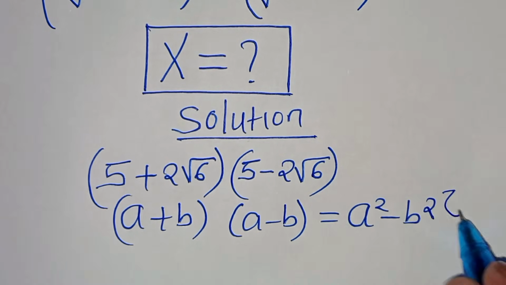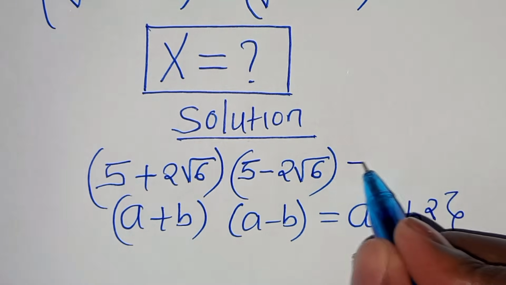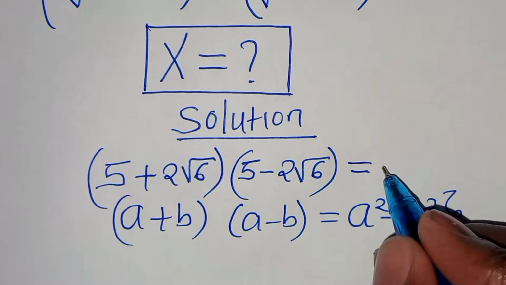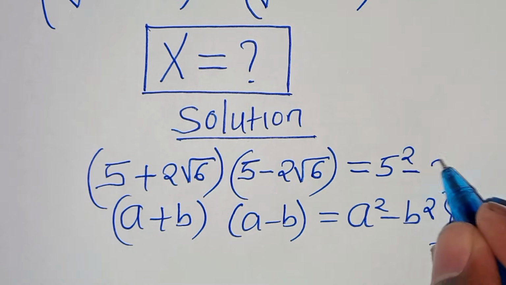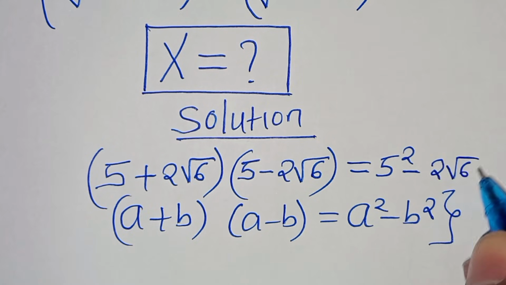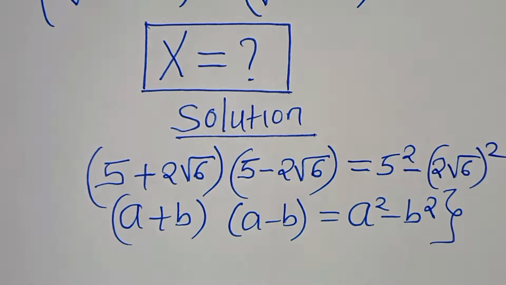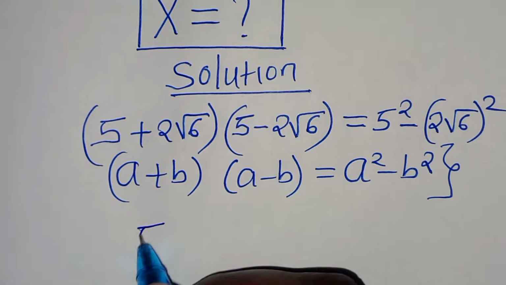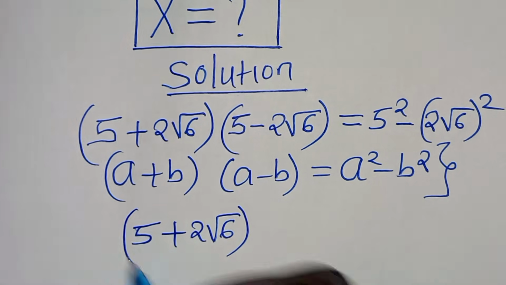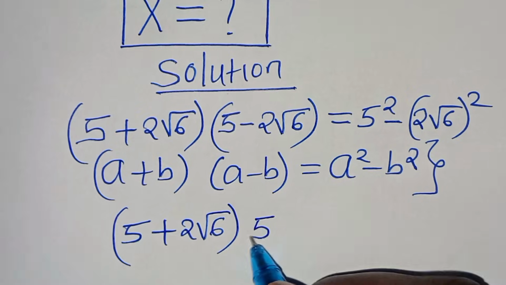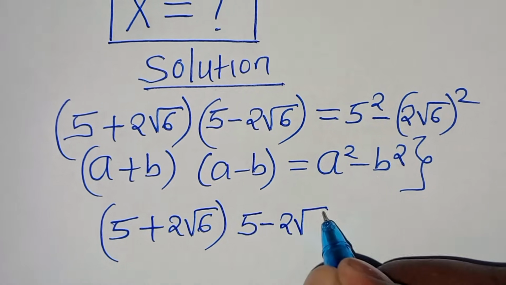This is the difference of two perfect squares. So in this case, we have 5 squared minus 2 square root of 6 raised to the power of 2.